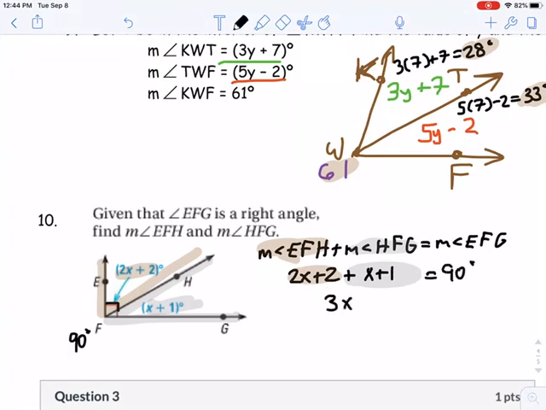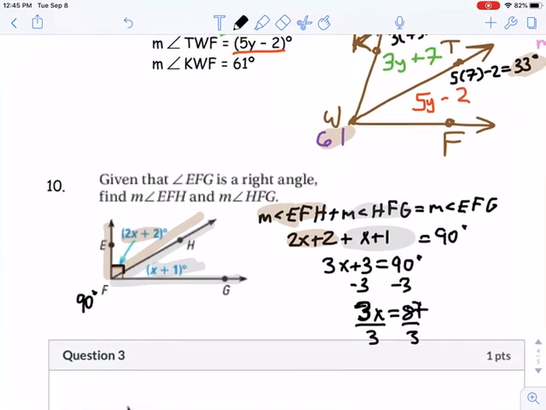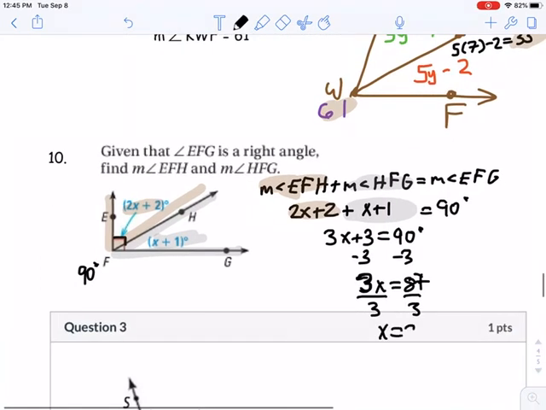So I'm going to get 3x plus 3 equals 90 degrees. Subtract 3 from both sides. I'm going to get 3x equals 87. Divide both sides by 3. x equals 29. Plug it in.